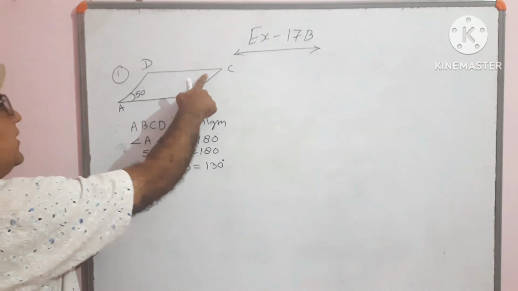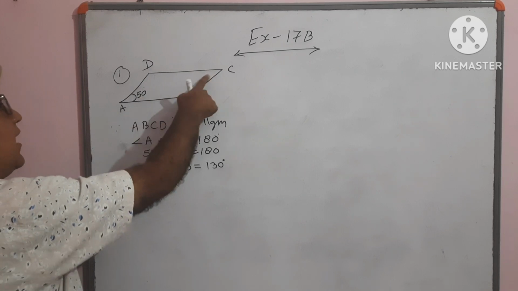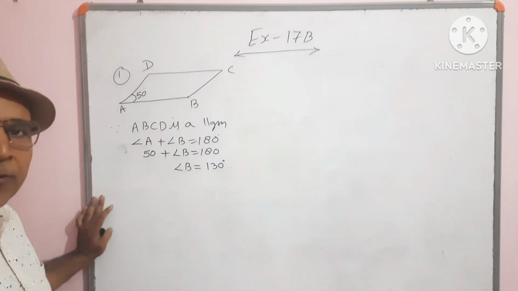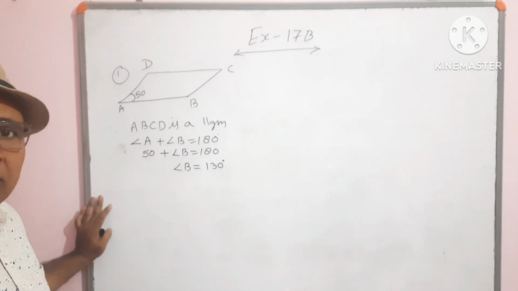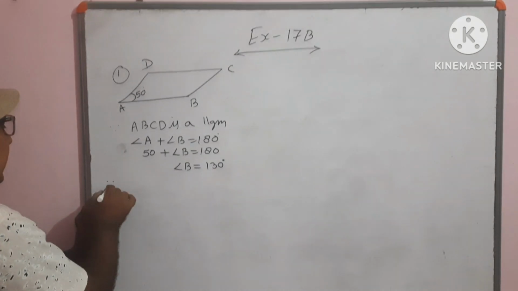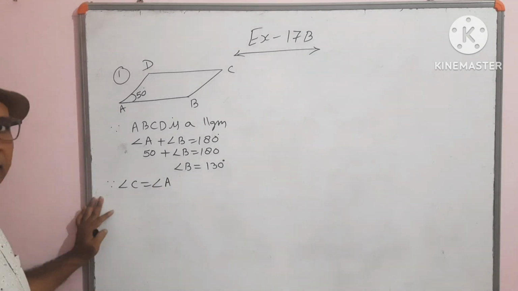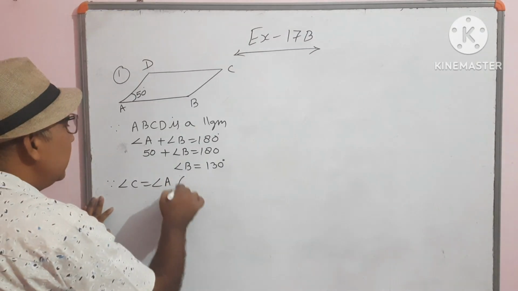Now angle C. You are watching that angle A and angle C are opposite angles of a parallelogram, and in a parallelogram opposite angles are equal. So you will write here angle C is equal to angle A. Why are these equal?